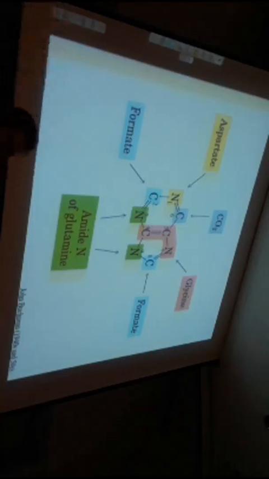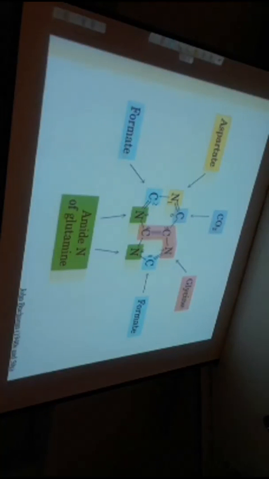What he did was feed pigeons radioactively labeled precursor molecules and then determine where this radioactivity was found in the uric acid that the pigeons would secrete. Pigeons secrete all the excess nitrogen in the form of uric acid, okay? Whether it stems from protein degradation or nucleotide degradation. And so he utilized birds to determine where these individual atoms in the purine ring system come from.